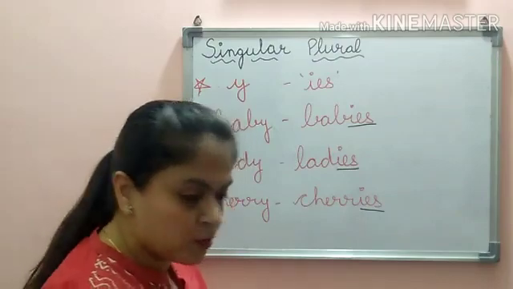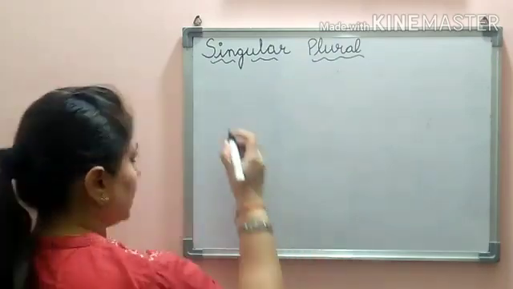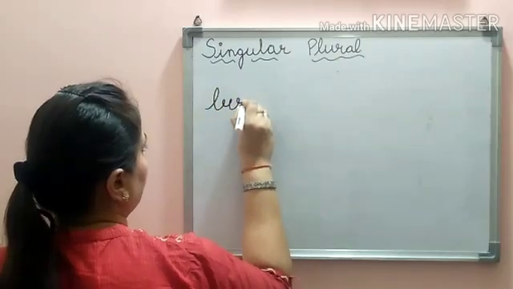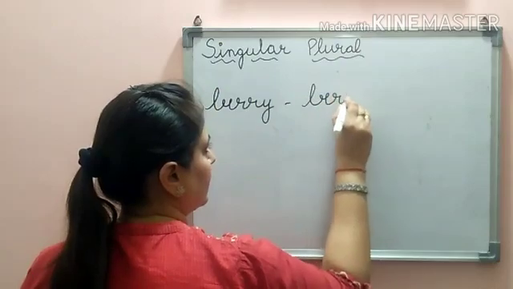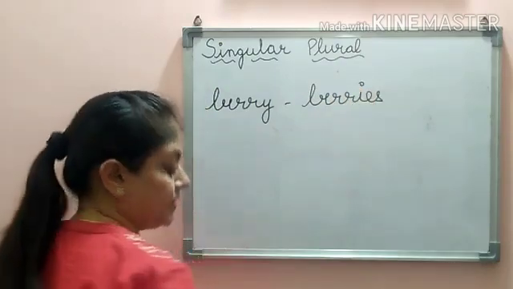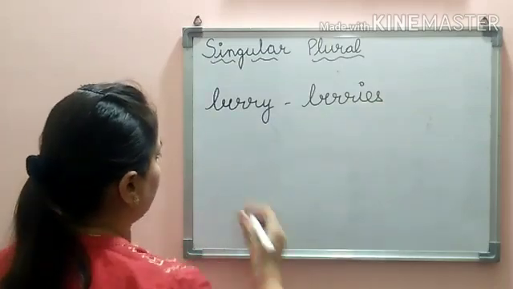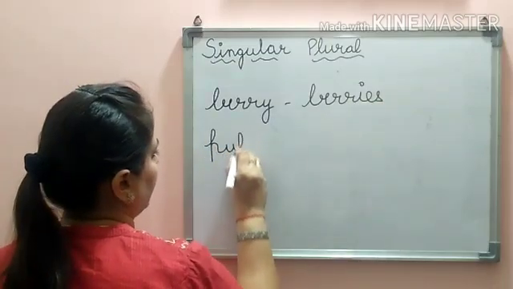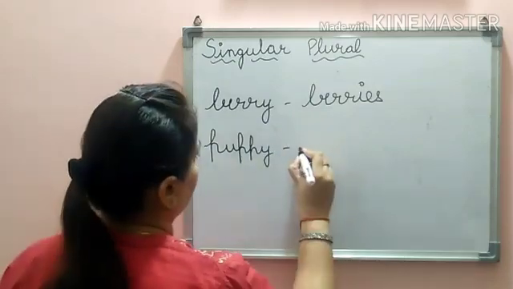Now let me take a few more examples for you. I am taking for y only. Berry, it will become berries. Simple, I have added ies. Now puppy will become puppies.